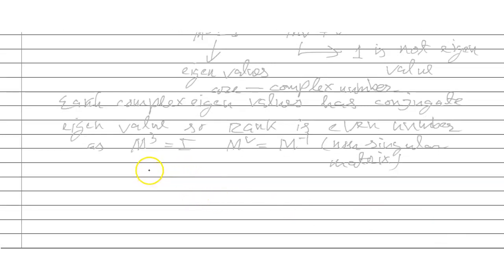So whatever we get, the nullity is 0, hence the rank of M is equal to n, which is an even number divisible by 2.